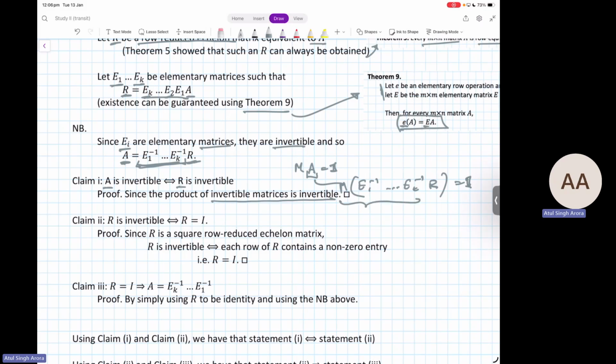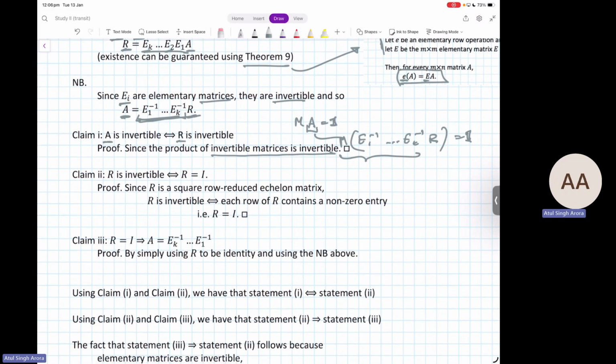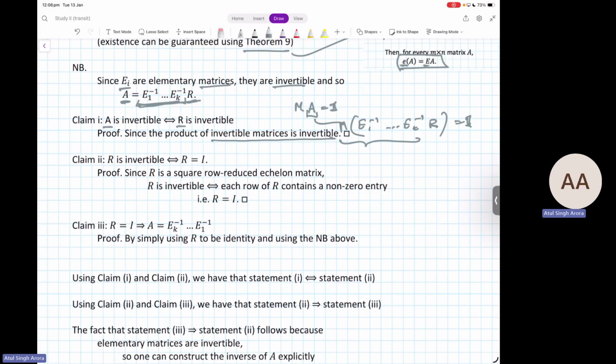And this entire matrix we can call the inverse of capital R, because a product of invertible matrices is invertible. So we've explicitly established the inverse, and this is fine.